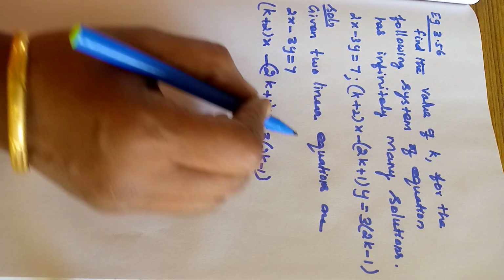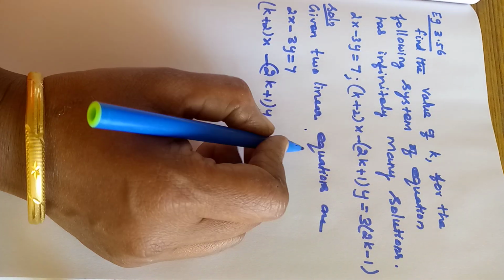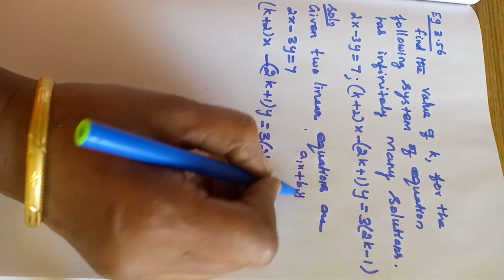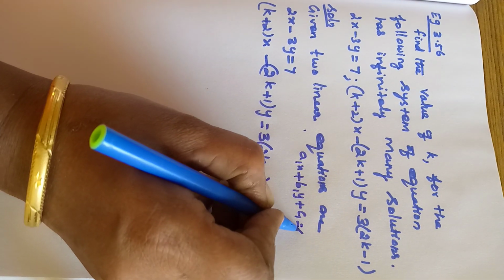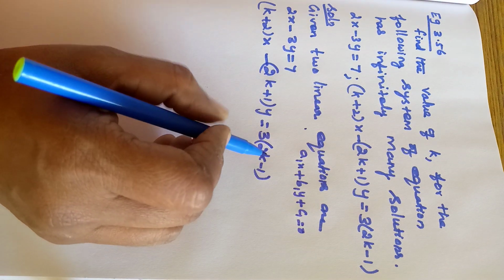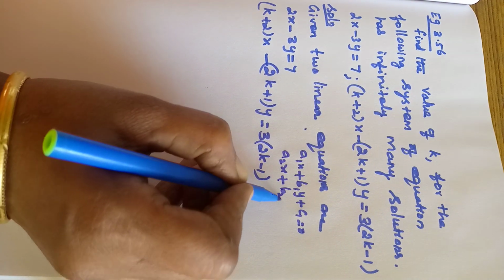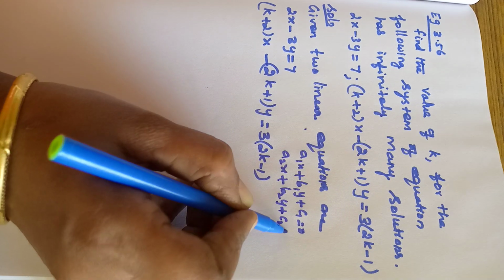The given equation is in the form of a1x plus b1y plus c1 equal to 0, and the second equation we can take as a2x plus b2y plus c2 equal to 0.